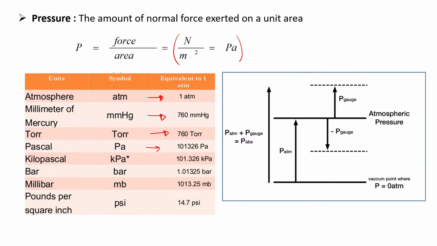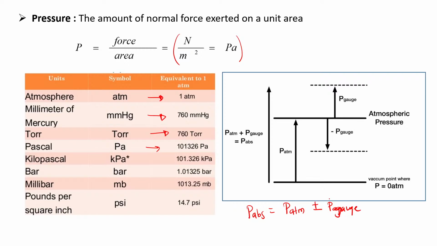Then there are two scales of pressure. One is absolute pressure and one is gauge pressure. The relationship between these two is that absolute pressure is equal to atmospheric pressure plus or minus gauge pressure.